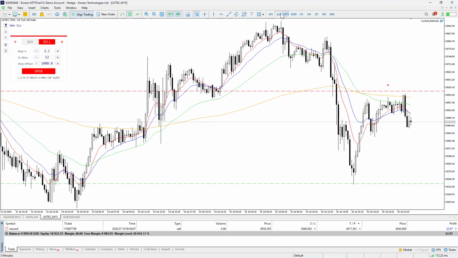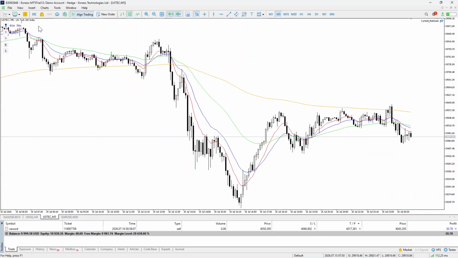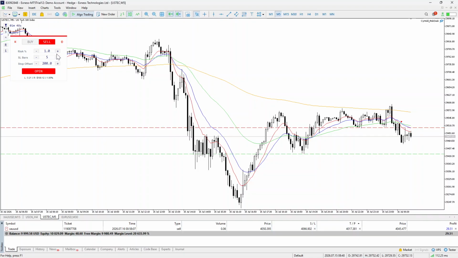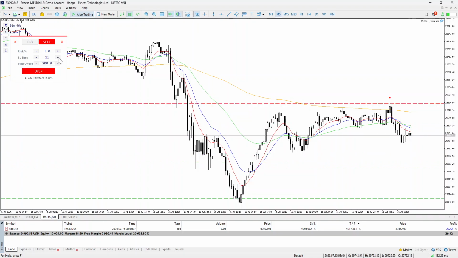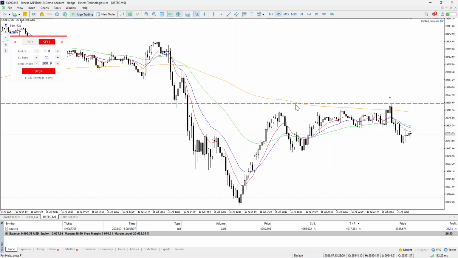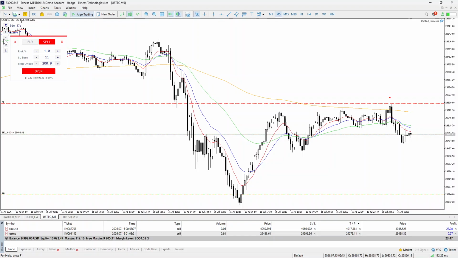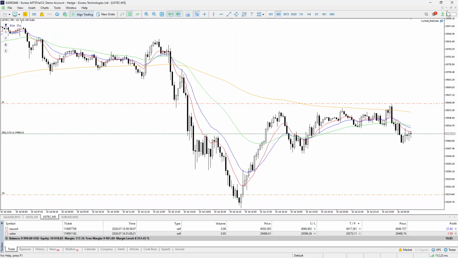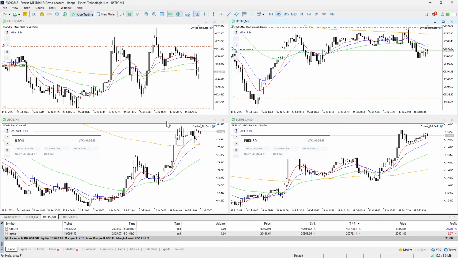If you change the time frame, you have to open again. Now, I want to choose where I want my stop loss here. So I will open another one. For example, here oil.